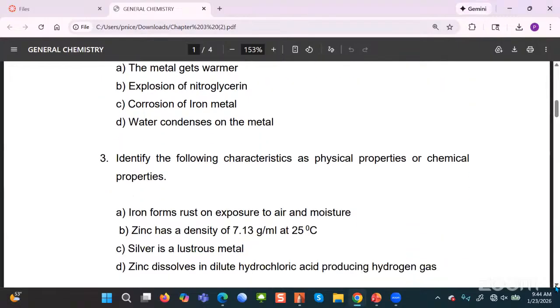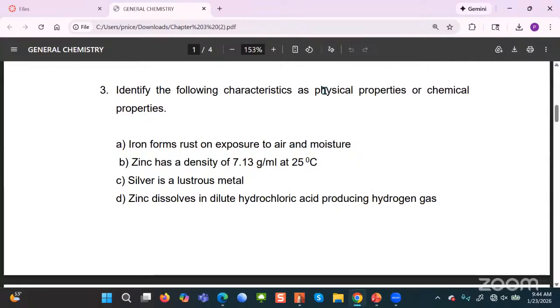It says, identify the following characteristics as physical properties or chemical properties. So again, it's related to what we discussed before, but this time we're talking about properties. Simply put, the properties of a substance are the characteristics associated with that particular substance, things like melting point, boiling point, color, and so on. Those are physical.